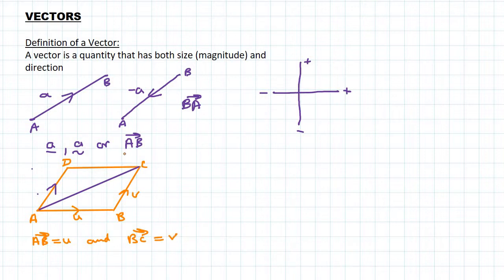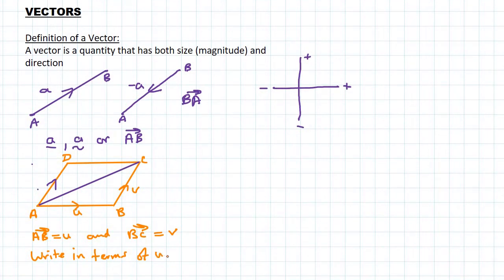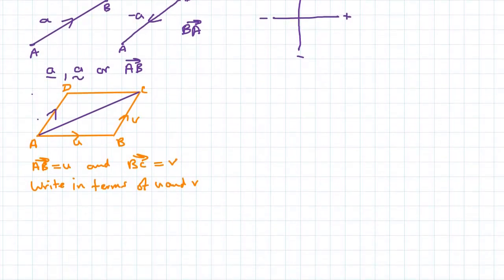Alright, and we want to find the resultant of the line. Now in this case we're going to write the terms in relation to U and V. So in the example we're going to say write in terms of U and V. Now let's give some questions to do in here.